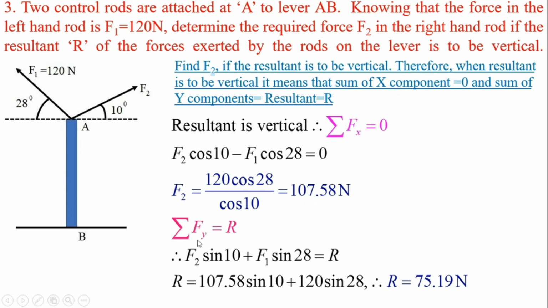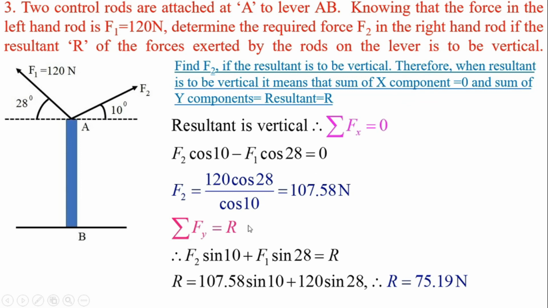Now, let us use the second equation, summation Fy is equal to R. Let us resolve the forces along the y direction and calculate summation Fy. The y component of F2 is F2 sin 10, positive in the first quadrant, plus F1 sin 28, again positive in the second quadrant.